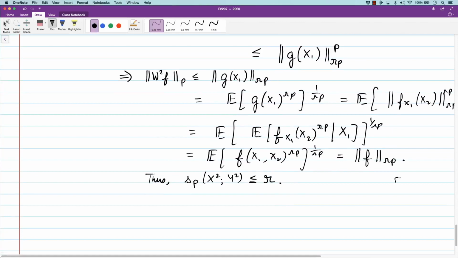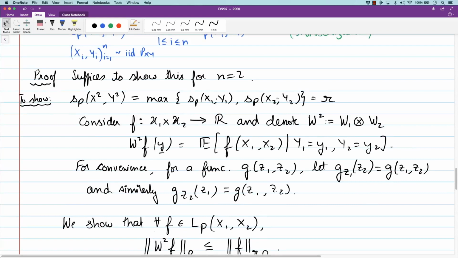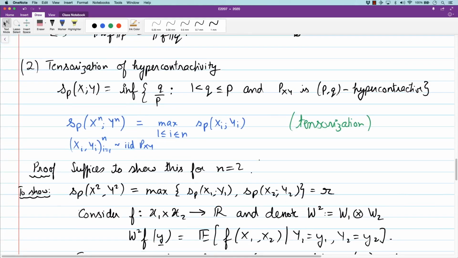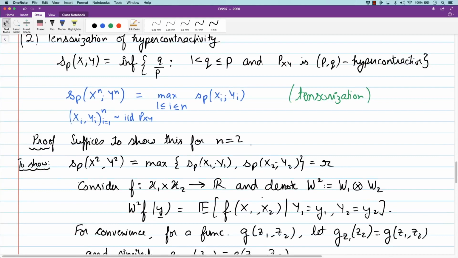So long story short, SP tensorizes. It's just the max of each coordinate. So if you want to show hypercontractivity for a product distribution, it suffices to show hypercontractivity for individual coordinates. This is something we have been doing for other inequalities as well, and it's good to see that it works for hypercontractivity too.